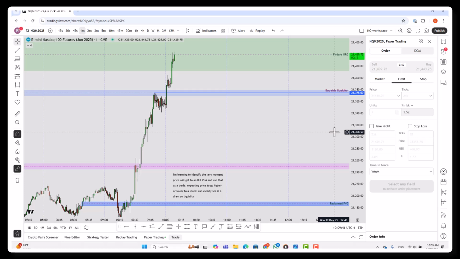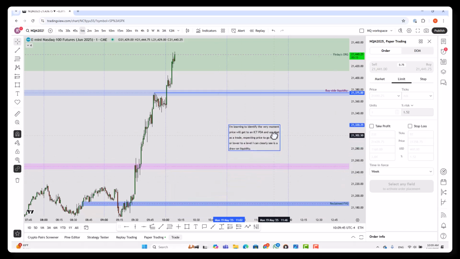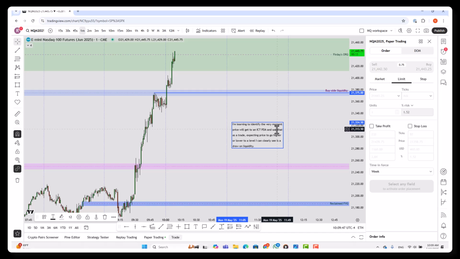So in the ICT universe, before we take a trade, there have to be two elements on the chart that we can see before we take a trade. One is a clear, visible liquidity pool that can be a target, a draw.